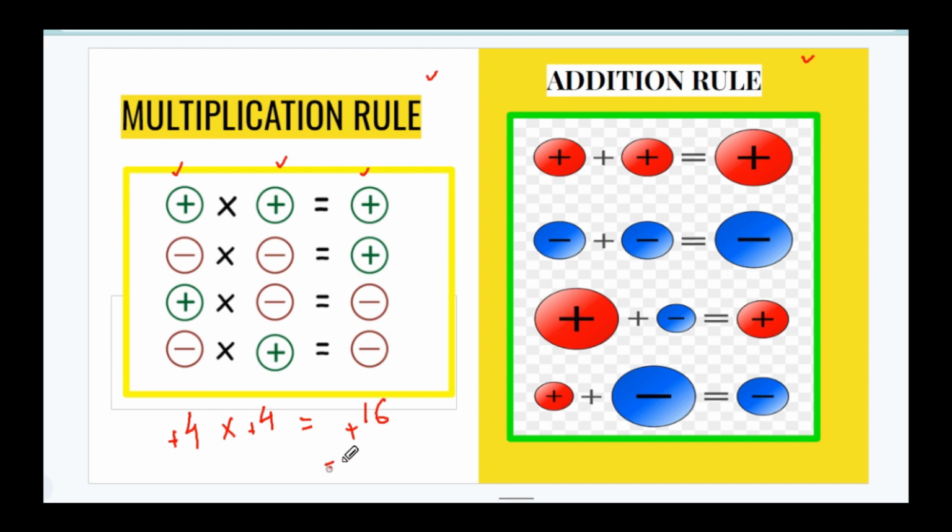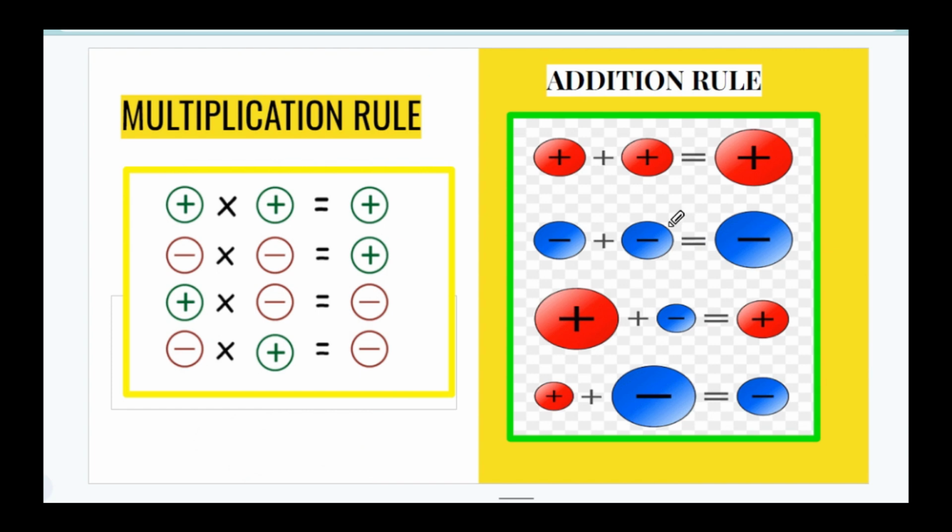But we don't write the positive sign with numbers, so my answer is 16. So 4 times 4 gives you 16. It means plus times plus equals plus.